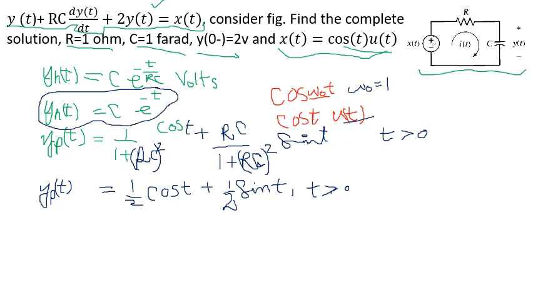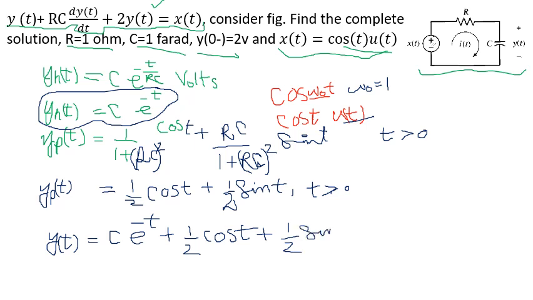So the complete solution will be y of t, equal to the homogeneous solution plus the particular solution. The homogeneous solution is C e to the power minus t, plus 1 by 2 cos of t plus 1 by 2 sine of t, where t is greater than 0.